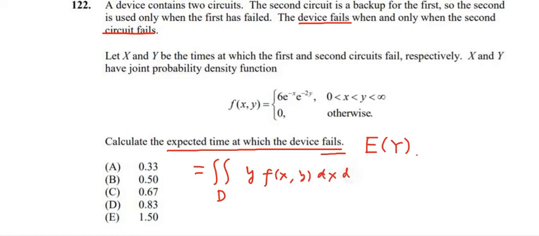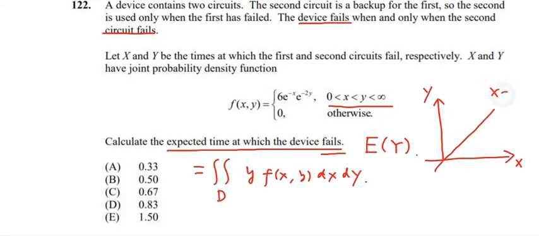The range for x and y is where x is less than y. Let's say x equals y; where is x less than y, or y larger than x? We find this part.